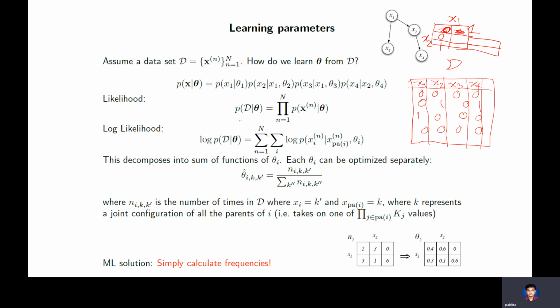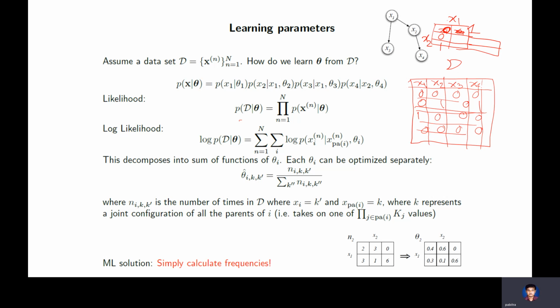So this you can easily pick up. To fill up the first column, that is x1 equal to 0, you look at all rows where x1 equal to 0. So this row and this row and this row. And out of those rows, what fraction of them has x2 also equal to 0?